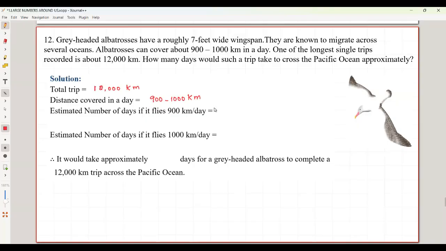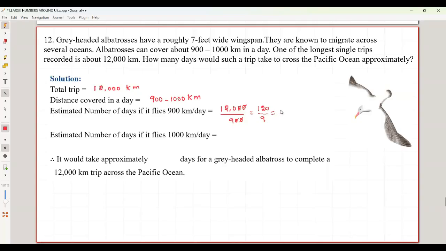How to find out? The total is given, 12,000 kilometers, divided by 900. So you will be getting the answer. The zeros get cancelled, and simplifying, you get 120 divided by 9.